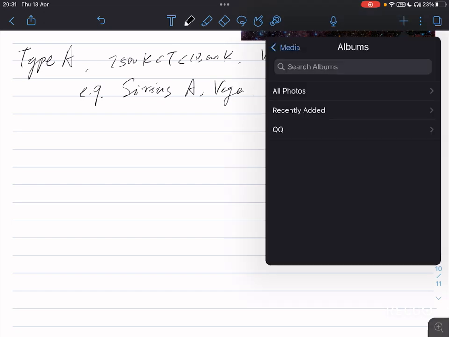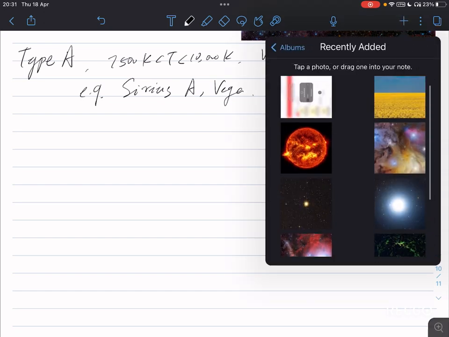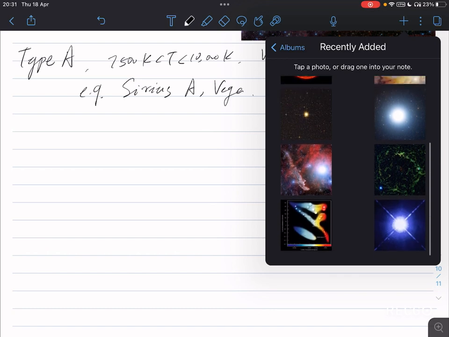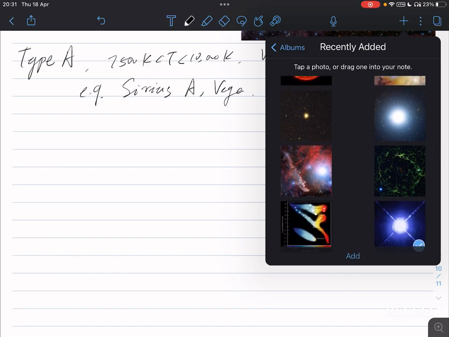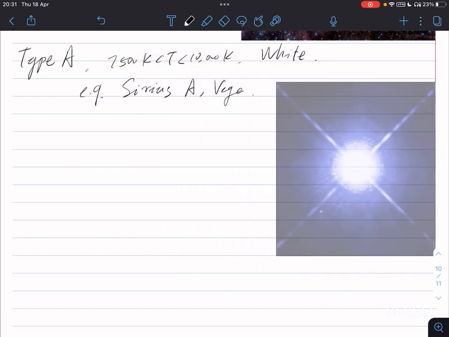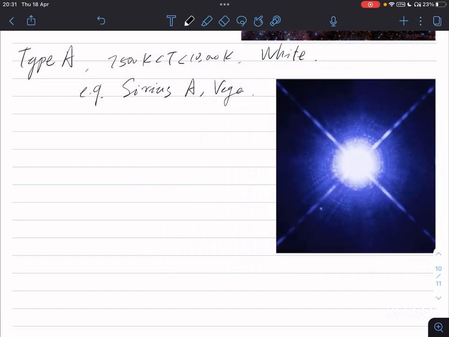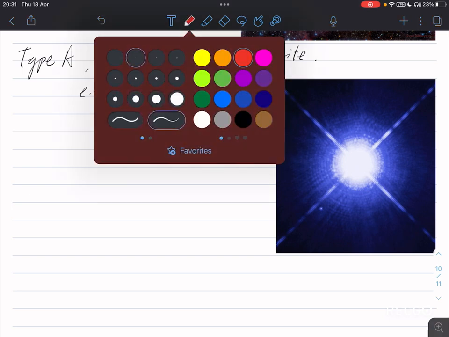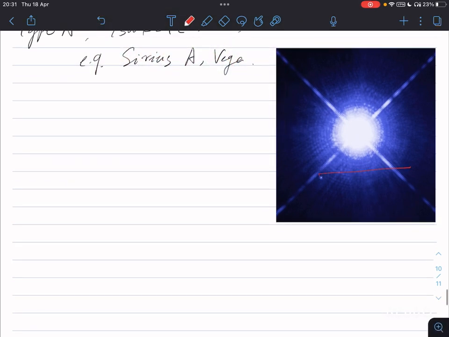Let's imagine here, Sirius A and Vega, the big one.